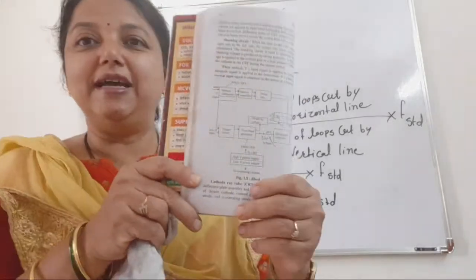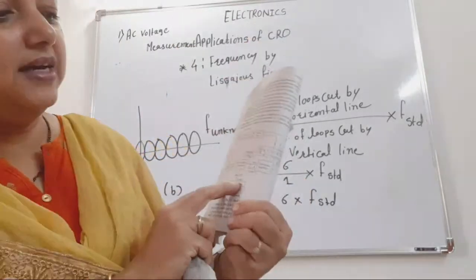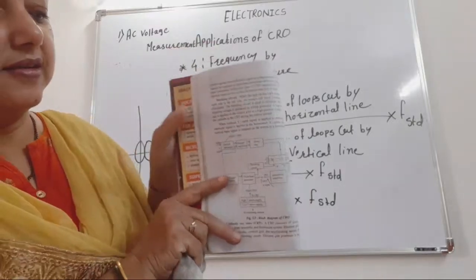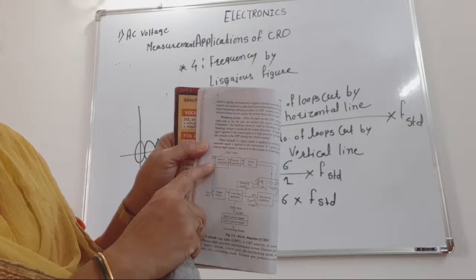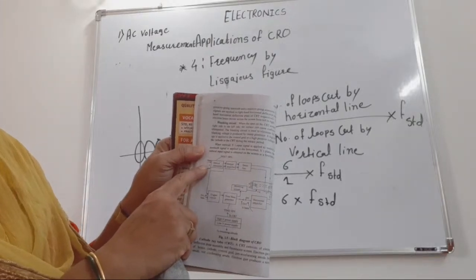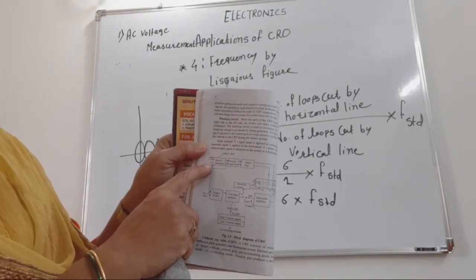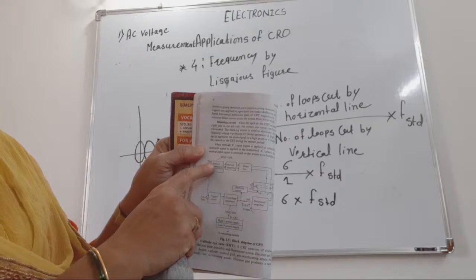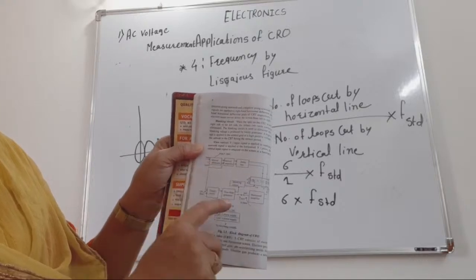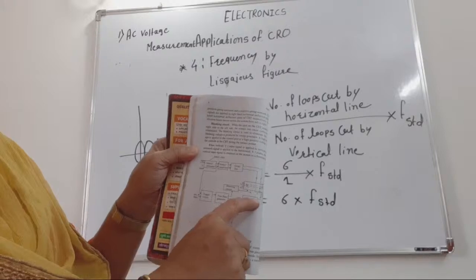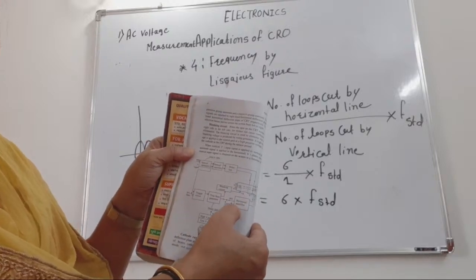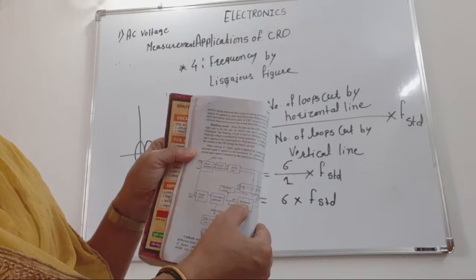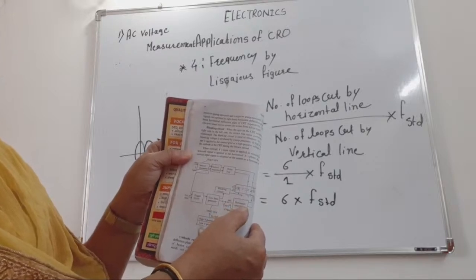Here you apply the unknown frequency signal to the vertical attenuator, and to the horizontal amplifier, the external input, you apply the known input frequency signal.